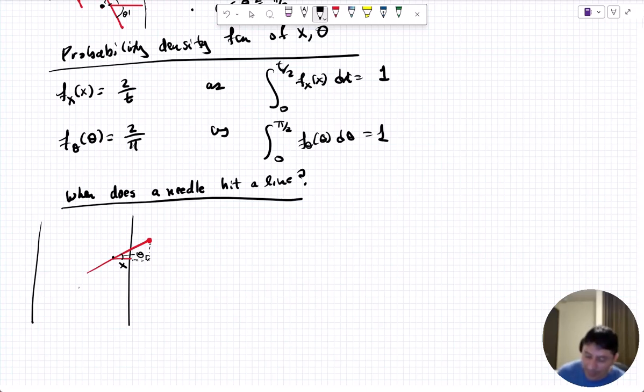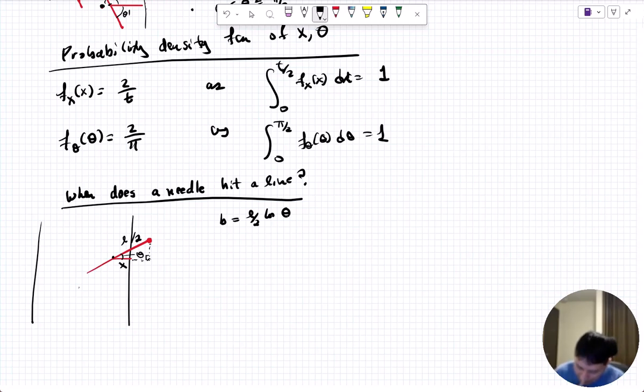The line that defines x won't be able to complete this right triangle. So let's calculate the base of this right triangle. Now this hypotenuse is L over 2, so the base is L over 2 times the cosine of theta.